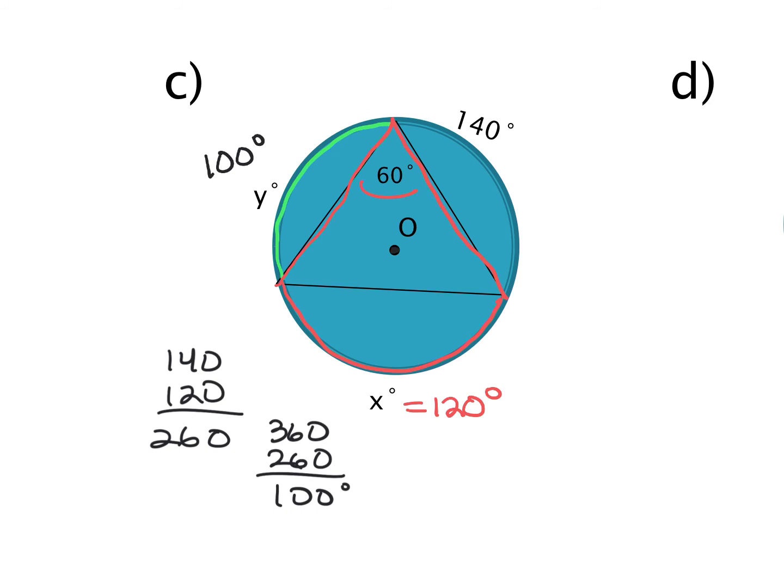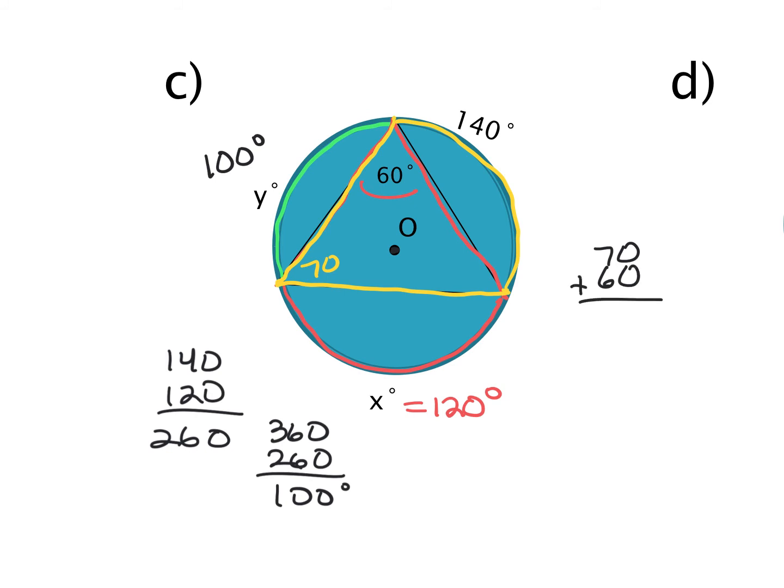I could also have found the different angle measures. So if this is the angle that has the 140 degree intercepted arc, then I know that this angle is 70. I could have also added 70 plus 60, subtracted that from 180, and found out that this missing angle is 50, and then its intercepted arc would be the y.